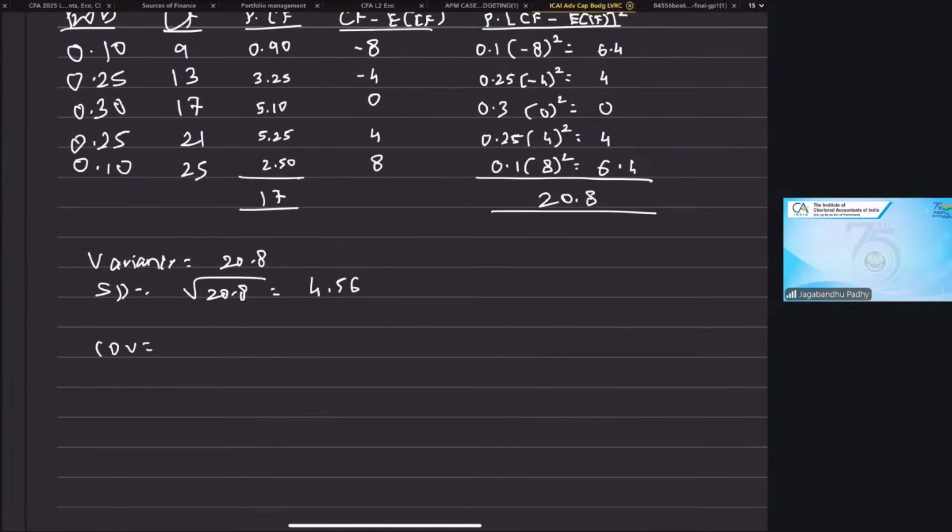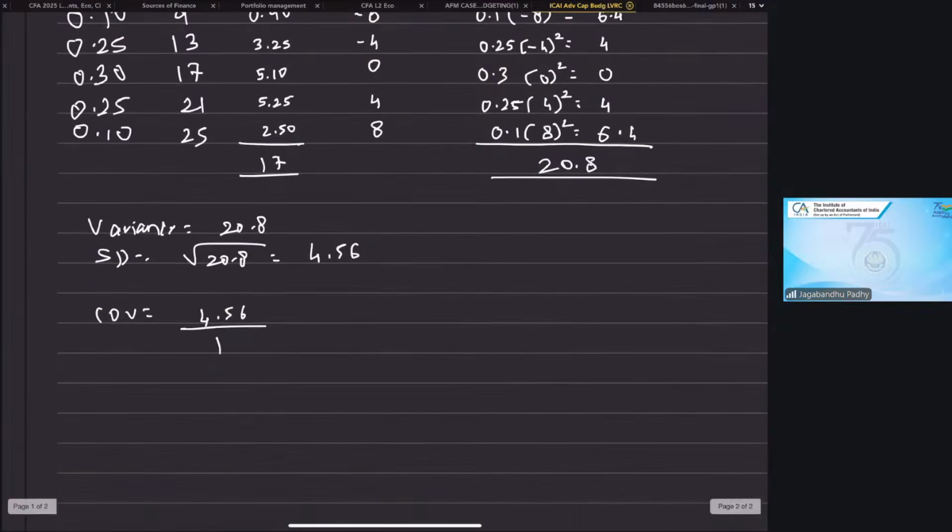And then coefficient of variation is 4.56 divided by 17. How much is it? 0.268, equal to 26.8%. Okay, so 26.83%.